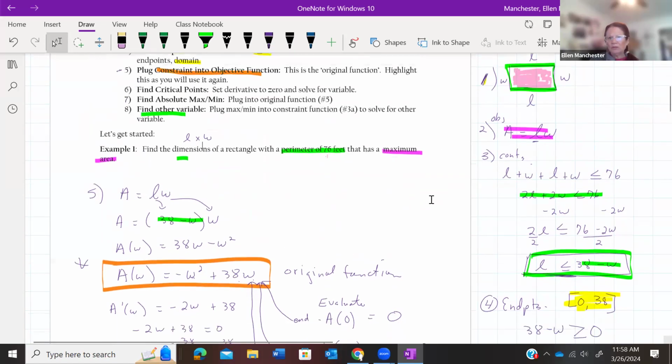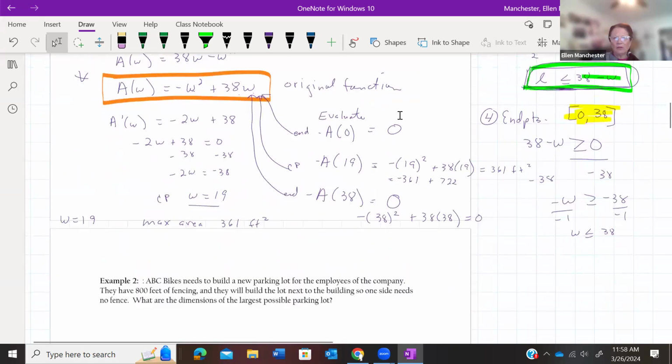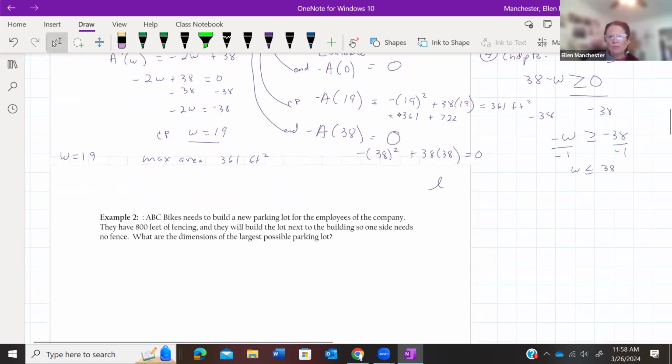Well, it's going to be really easy to do that because all I have to do is plug it back into right here, because this is already length equals 38 minus W. So my length is going to be 38 minus 19. So my length is also 19. So I have a length of 19 and a width of 19. So this actually is a square, and a square will give me the largest area that I need.